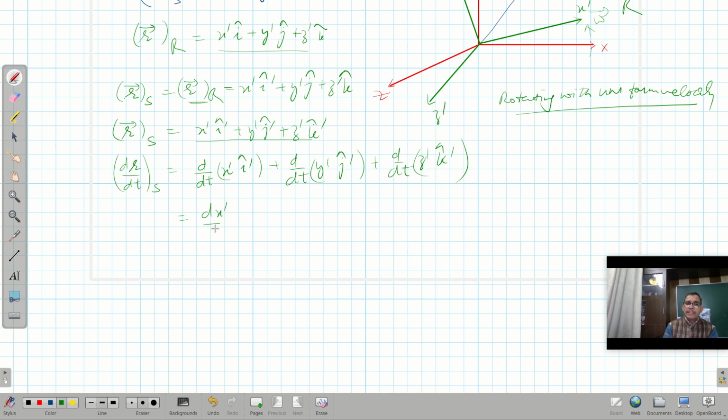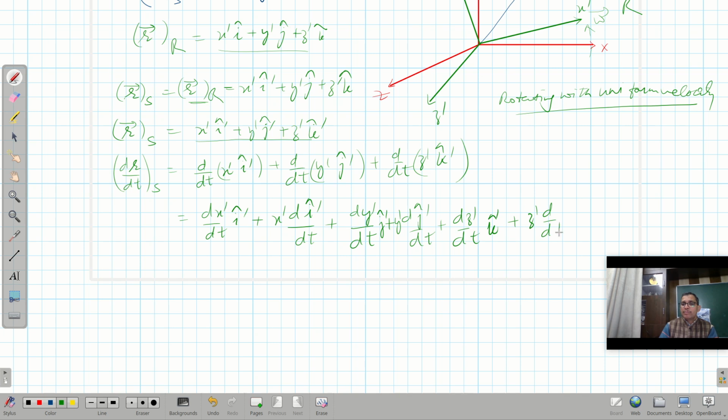It is dx prime over dt i cap plus x prime di cap over dt plus dy prime over dt j cap plus y prime dj prime over dt plus dz prime over dt into k prime plus z prime d upon dt k prime.